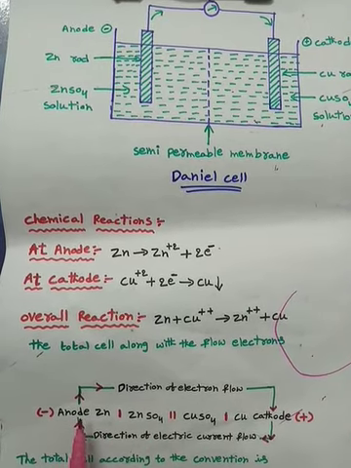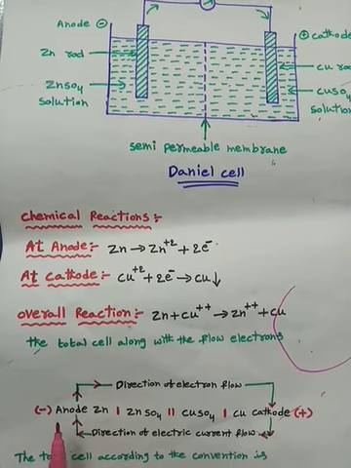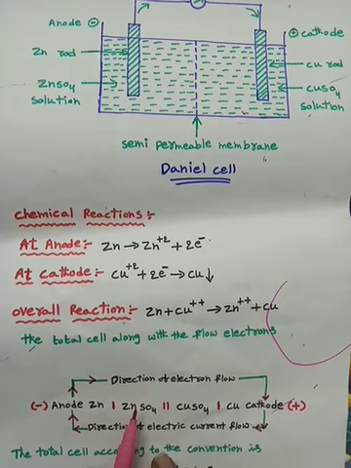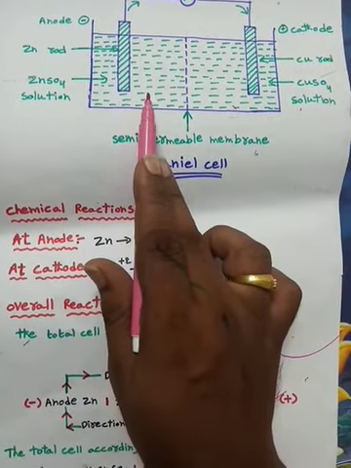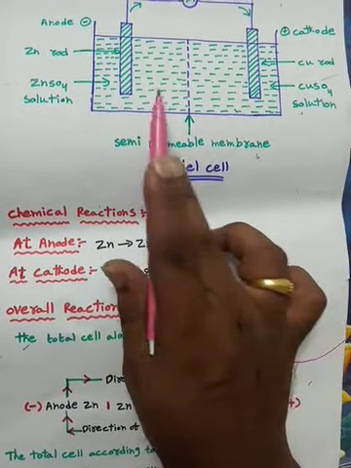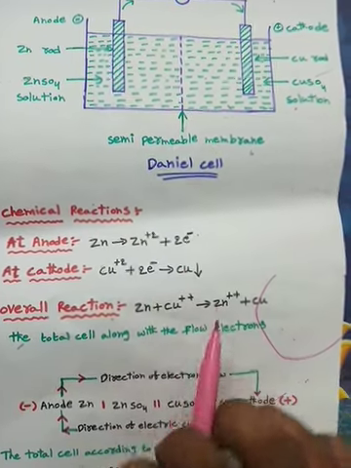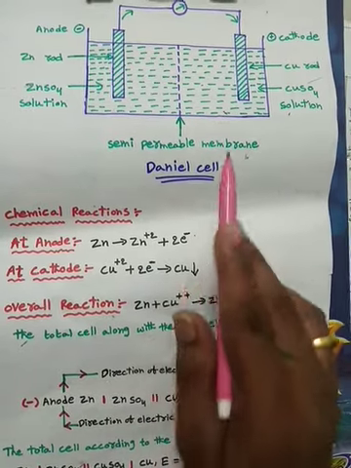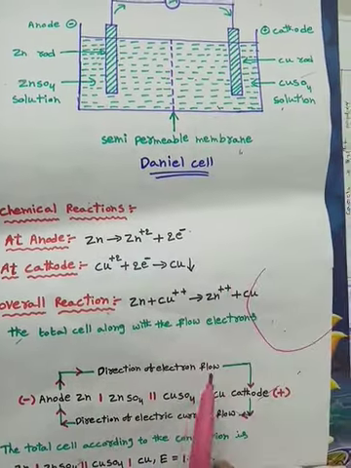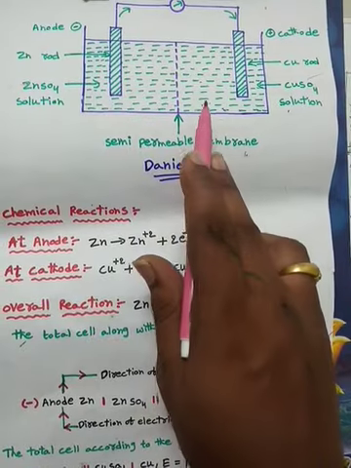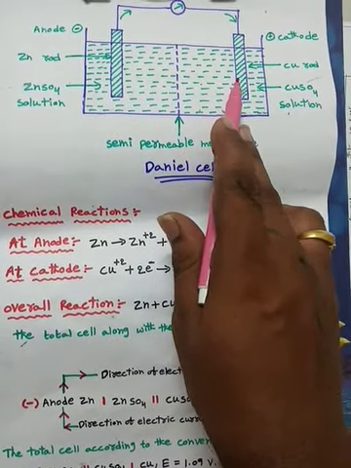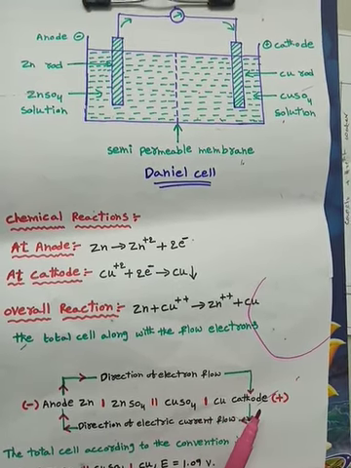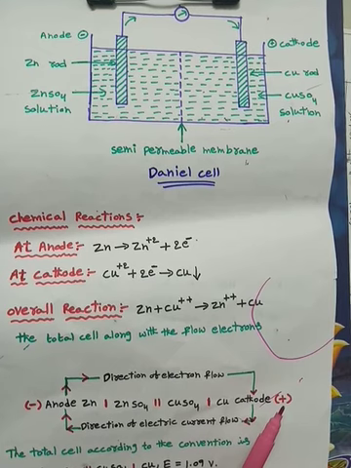Now the anode, what is the anode here? Zinc is the anode which has the negative charge. Zinc is dipped into the zinc sulfate solution, and zinc sulfate as well as copper sulfate are separated by the semi-permeable membrane, which is denoted as a double slash, and there is copper sulfate which is indicated here, and inside the copper sulfate solution there is the copper rod, which acts as cathode and has the positive charge.